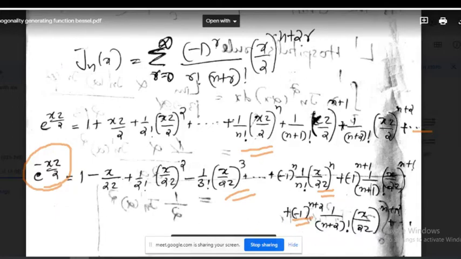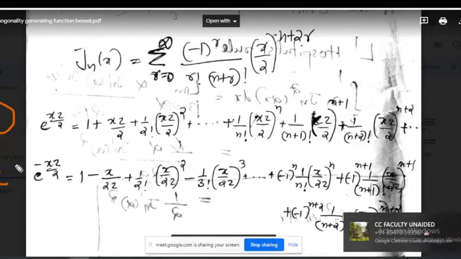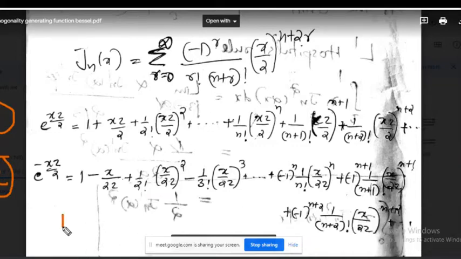Then what we do is we multiply this equation. This is equation 1, and this is equation 2. We multiply equation 1 with equation 2.